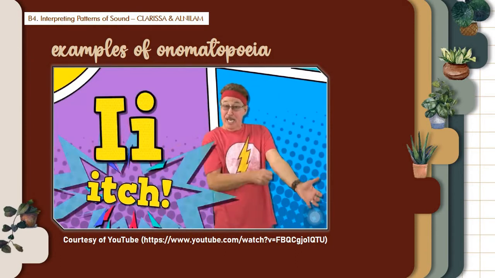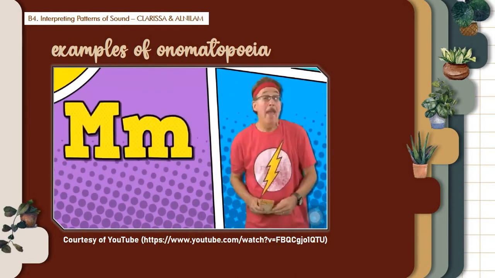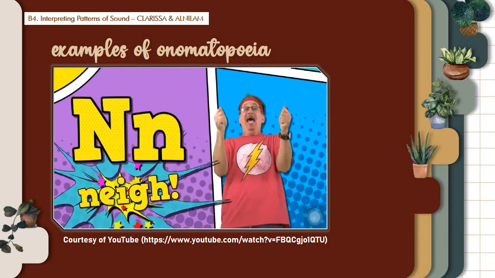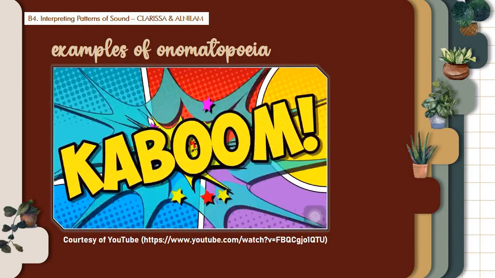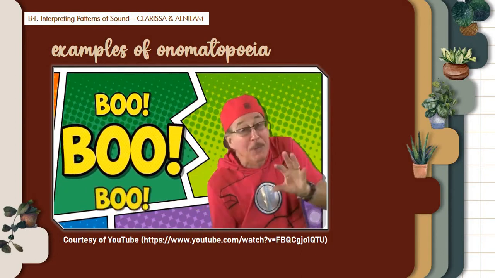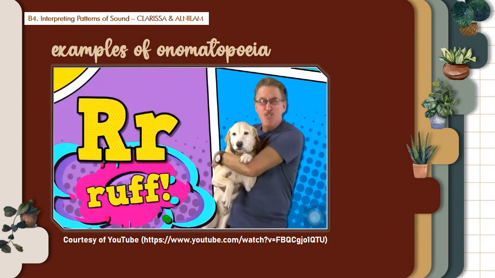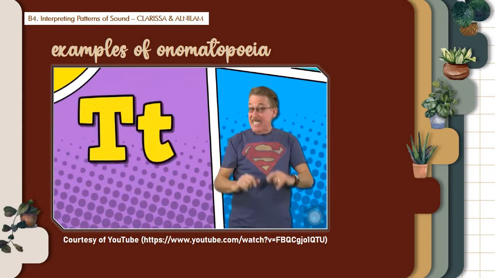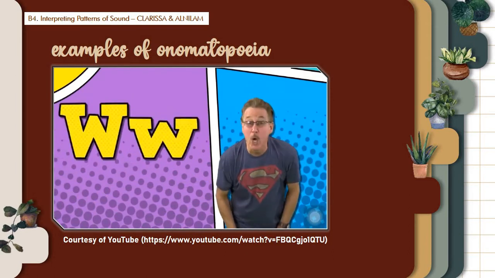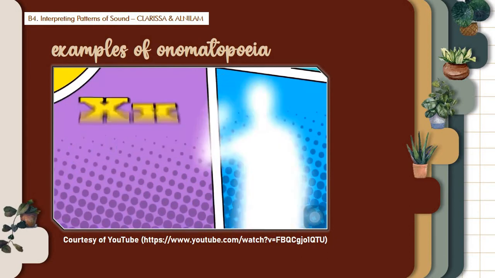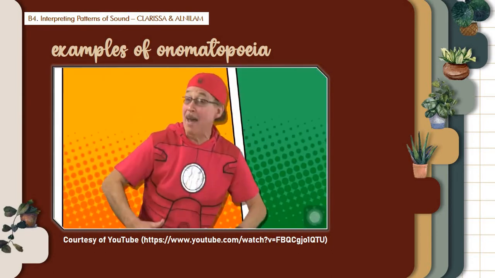I says it, itch, itch. J says j, jingle, jingle. K says kapow, kapow. L says lick, lick. M says munch, munch. N says nay, nay. O says nom, nom, nom. P says ping, ping. Zoom, zoom, zoom, kaboom. To the onomatopoeia alphabet. Boo, boo, boo, choo, choo. To the onomatopoeia alphabet. says quack, quack, quack. R says roof, roof. S says suey, suey. T says toot, toot. U says ugh. V says vroom, vroom. W says whoosh, whoosh. X says kasing, kasing. Y says yeah. Z says zap, zap. Zoom, zoom, zoom. Kaboom! To the automatopoeia alphabet.